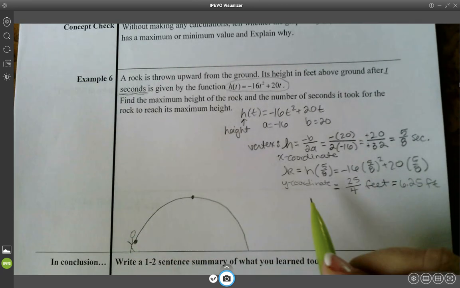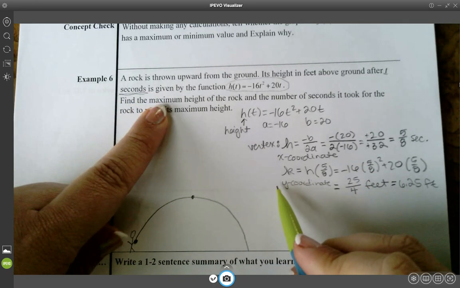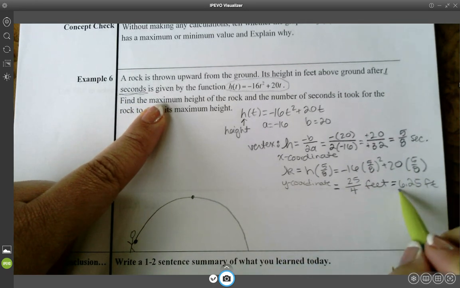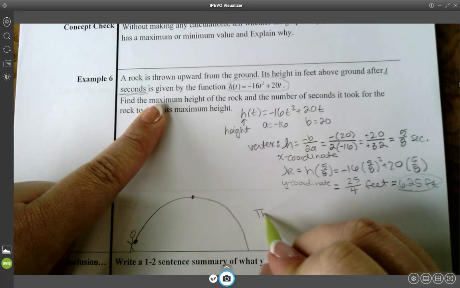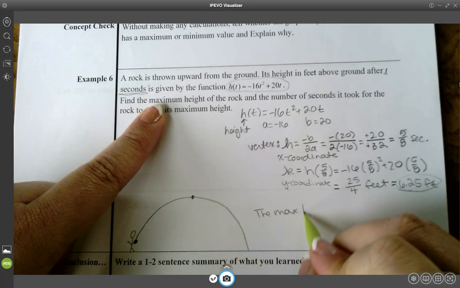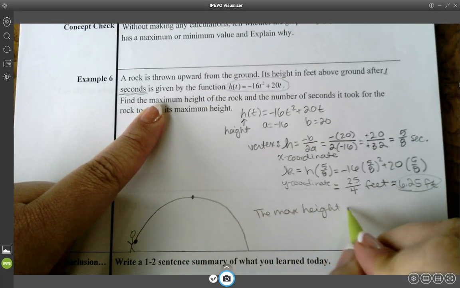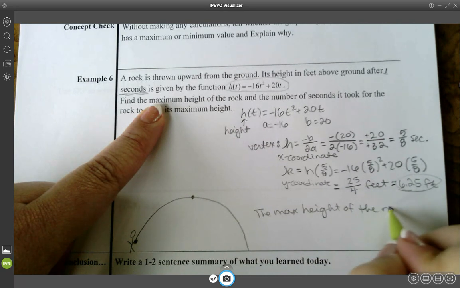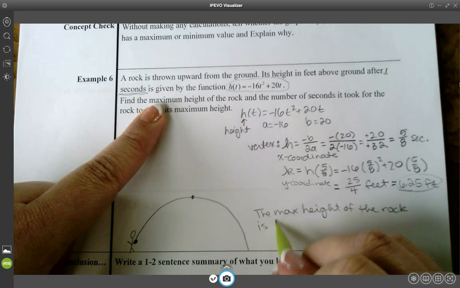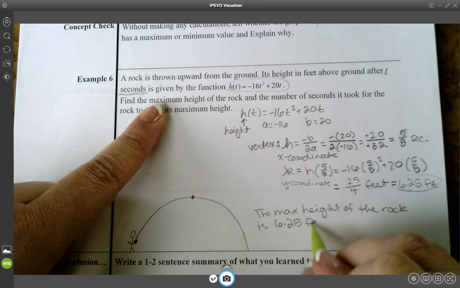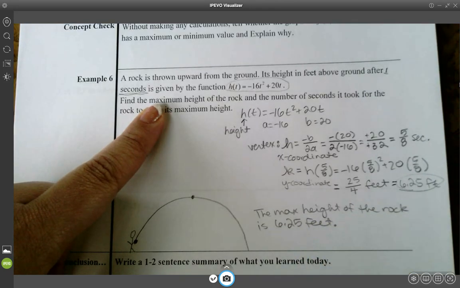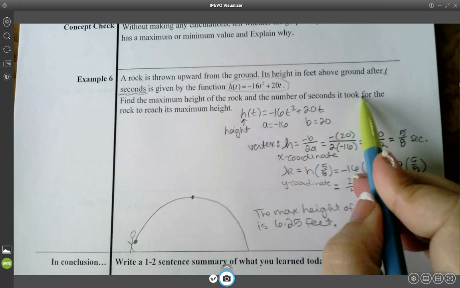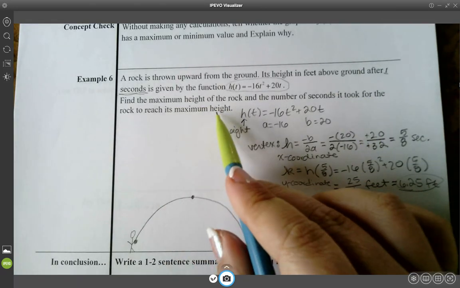So let's see if we can answer the question now. Find the maximum height of the rock. Well, the maximum height of the rock, the max height of the rock is 6.25 feet. And the number of seconds it took for the rock to reach its maximum height.